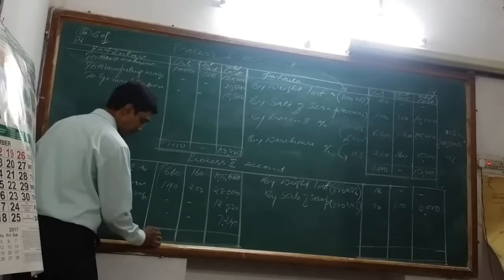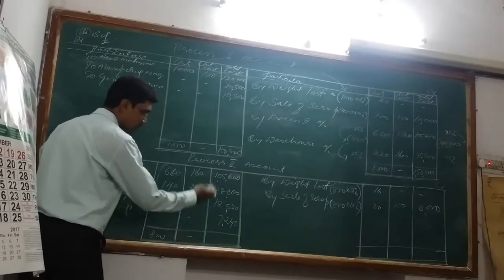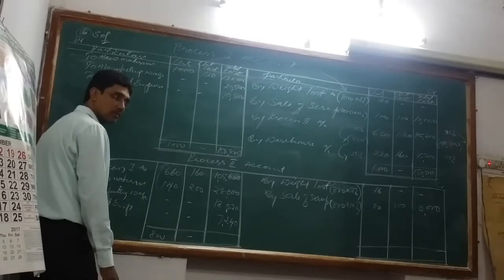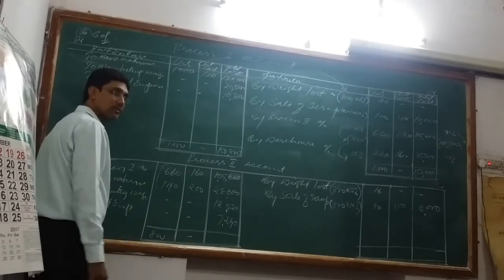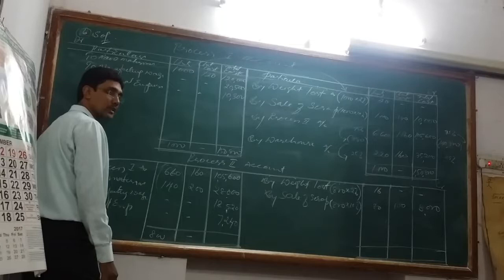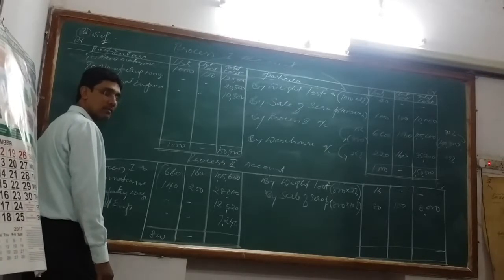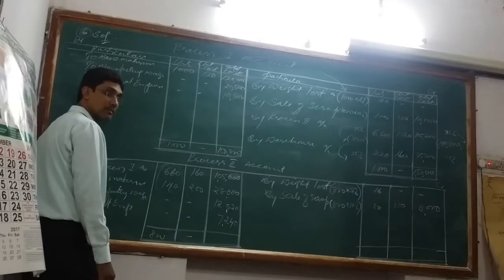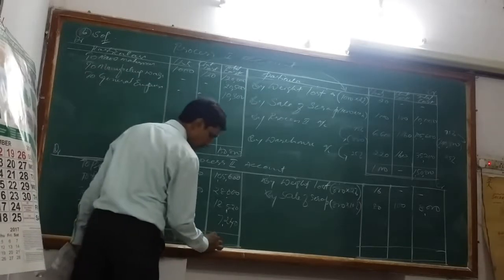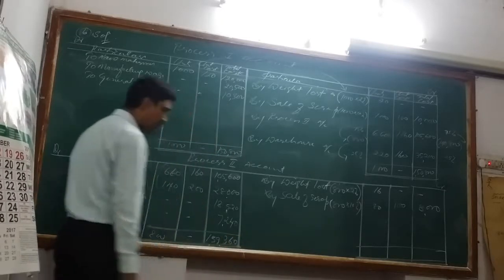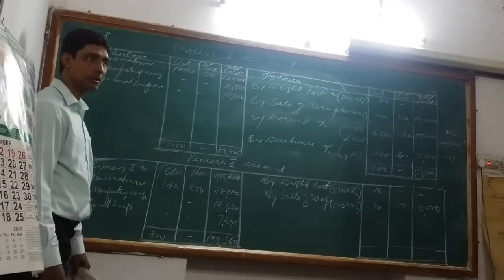Now get the summation of all. Do it properly. Do not commit mistakes. 59,360.